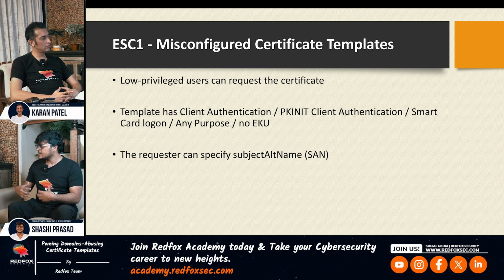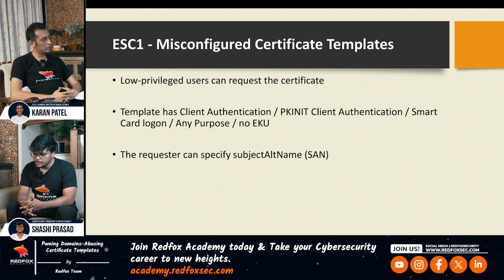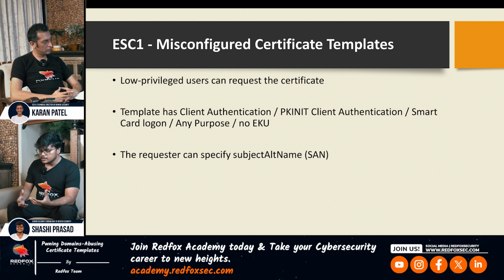In most of my engagements, I use Certipy just because I feel it's easier than Certify. So using Certipy, we can abuse this ESC1. Basically, we will first enumerate the certificates, and the tool will show you that this certificate is vulnerable to ESC1.